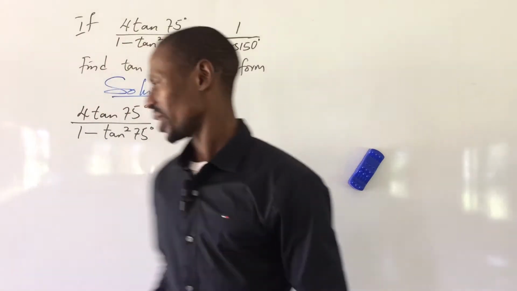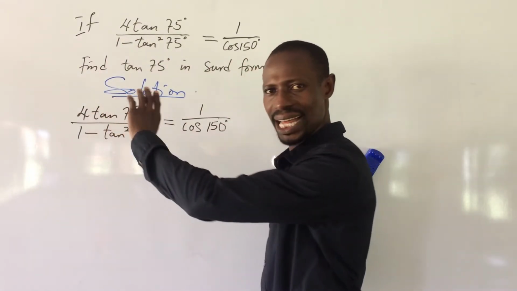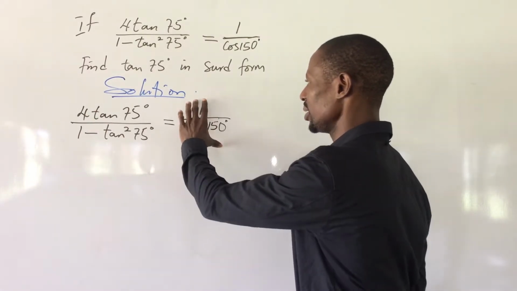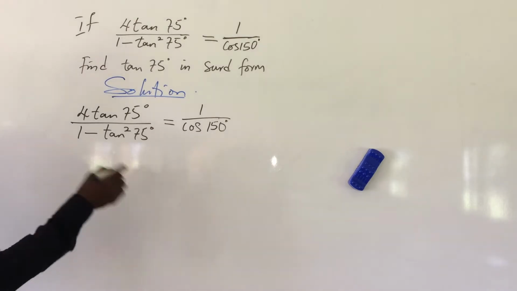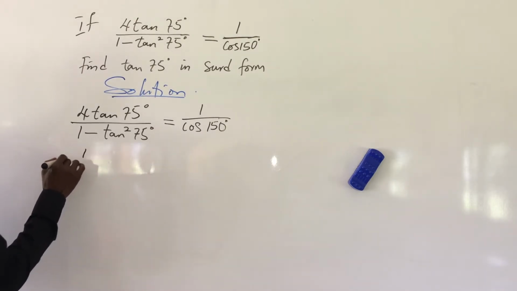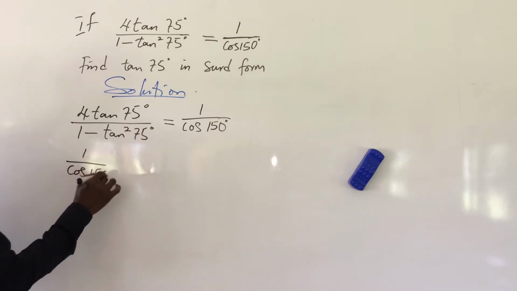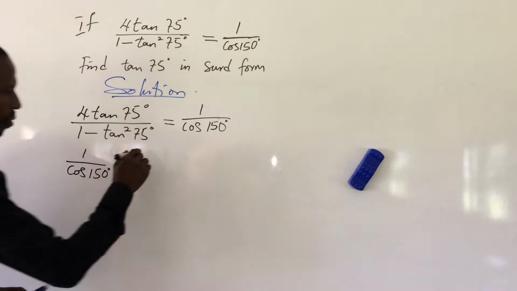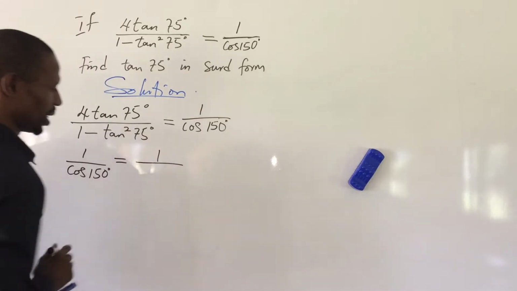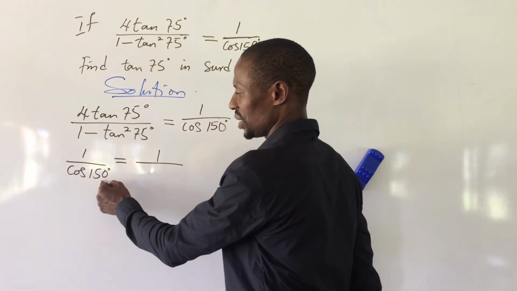Now the first thing we do is to hold the left hand side of the equation and deal with the right hand side. So the right hand side says 1 all over cos 150 degree, which is equal to 1 all over cos 150 degree.